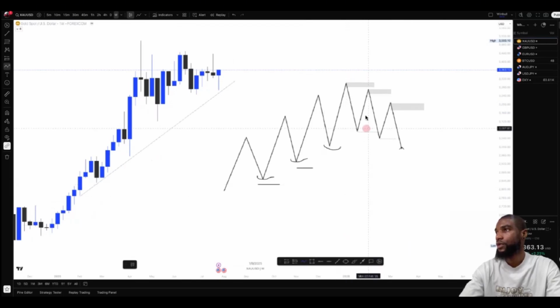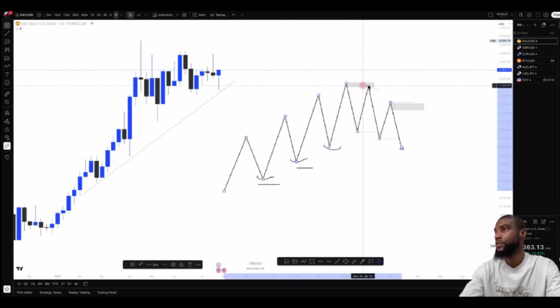Whenever we see something like this, this is an inducement, and also this is an inducement. This is going to be a valid inducement only if price has not mitigated these supply zones. But if price has already mitigated the supply zones, a mitigated zone is likely not going to hold, except if it is not mitigated, right?